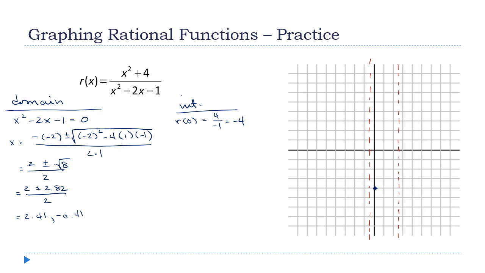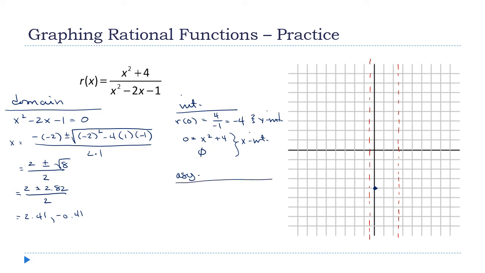Vertical, horizontal, oh, I'm skipping ahead. Intercepts. That was the y-intercept. I mean, see, the problem is I'm not labeling things. This is the y. Okay, to find the x-intercepts, remember the x-intercepts occur where the numerator equals 0, and the numerator never does. We can't factor x squared plus 4, so there are no x-intercepts.